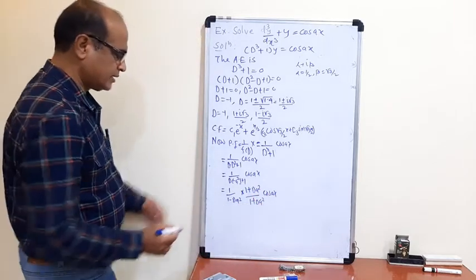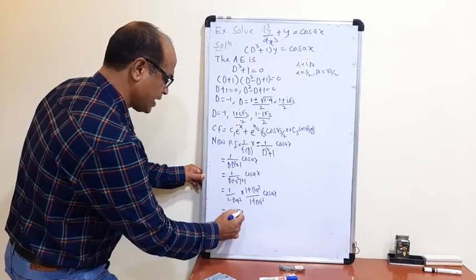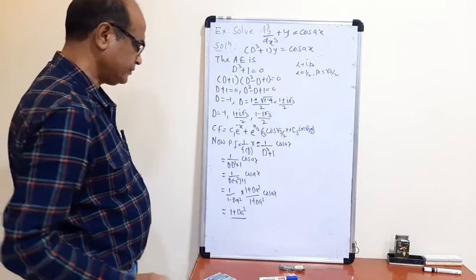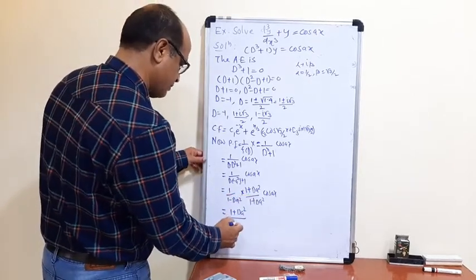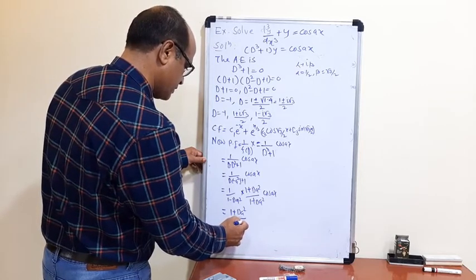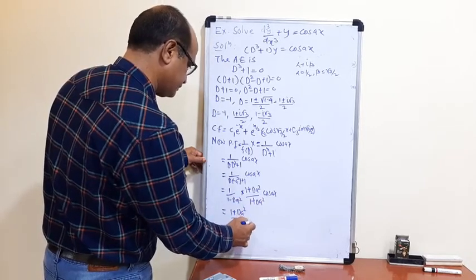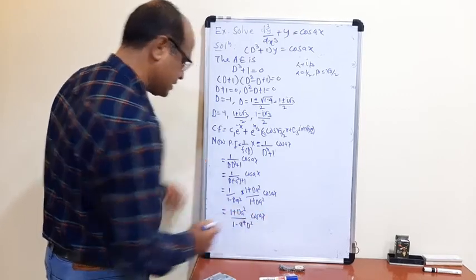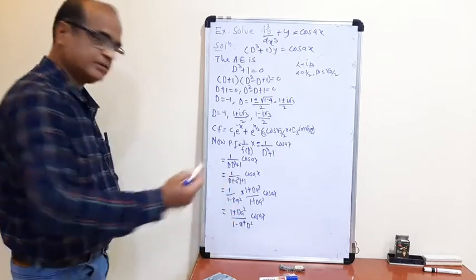Then this is equal to 1 plus d a square divided by 1 minus d a square times 1 plus d a square, that is 1 minus a raised to 4 into d square, cos ax. Then put d square is equal to minus a square.